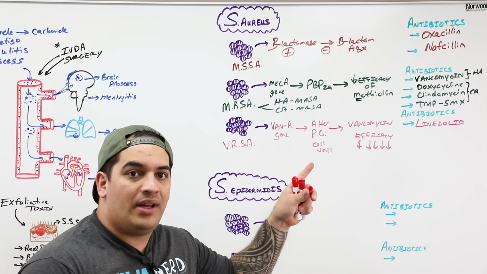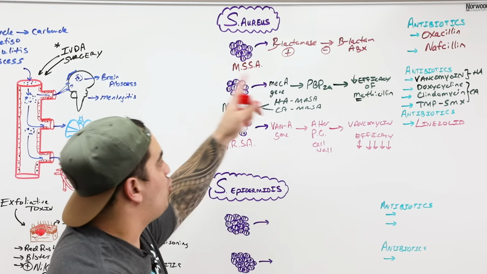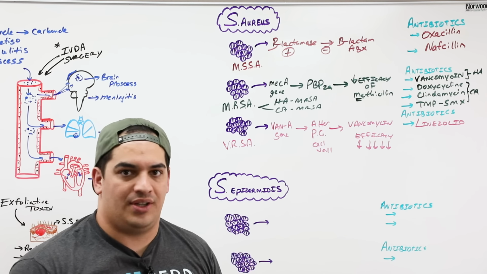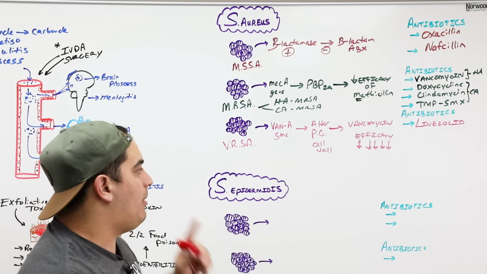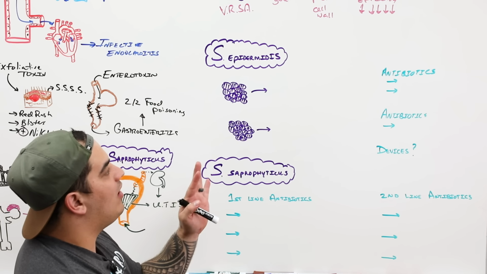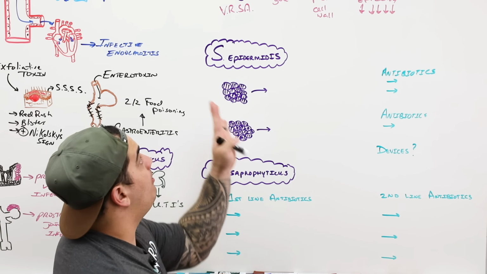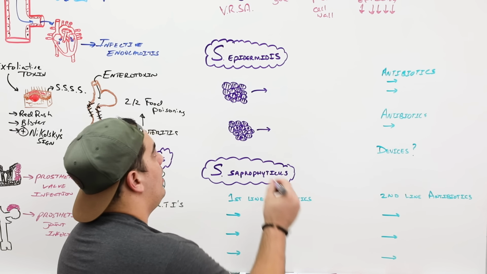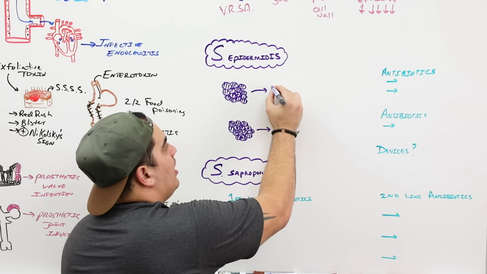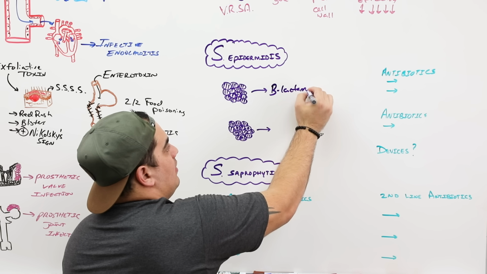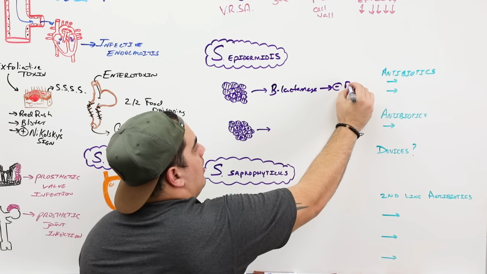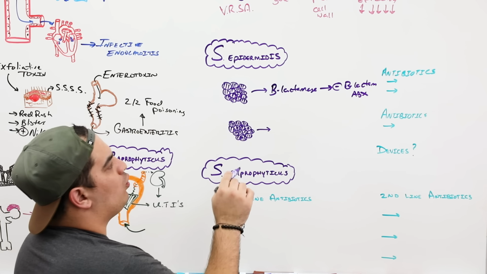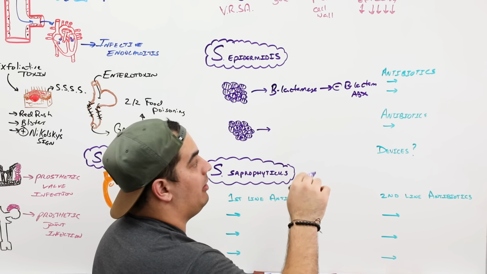That covers the treatment of Staphylococcus aureus, truly trying to understand why certain antibiotics are best for certain types of staph species, particularly aureus. Now let's talk about Staphylococcus epidermidis. This is going to have somewhat similar activity to what we talked about with Staph aureus. Staphylococcus epidermidis can also make an enzyme called beta-lactamase, so it can inhibit the beta-lactam antibiotics and therefore be resistant to certain types of beta-lactam antibiotics.